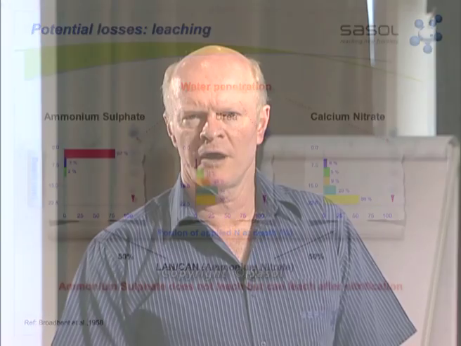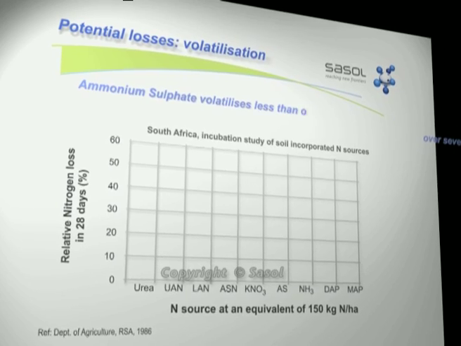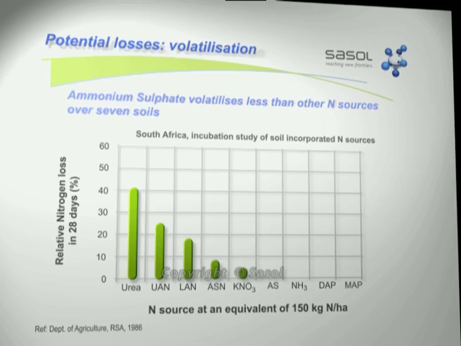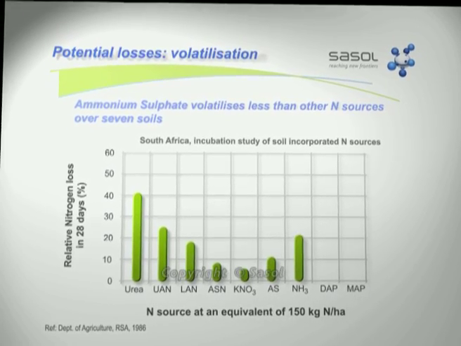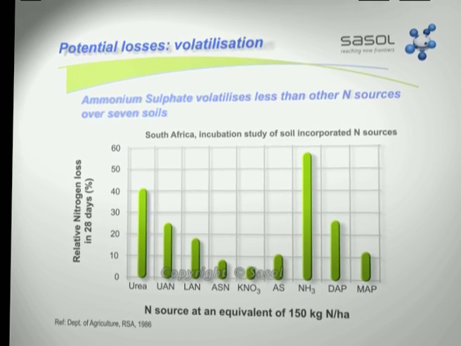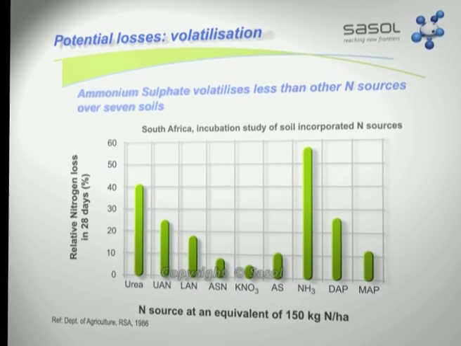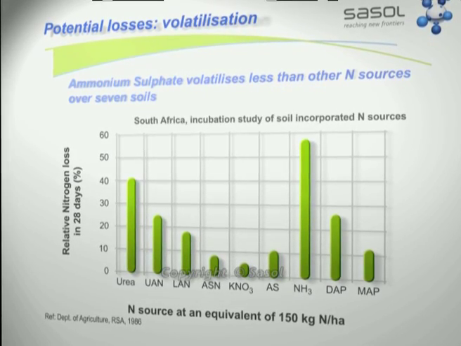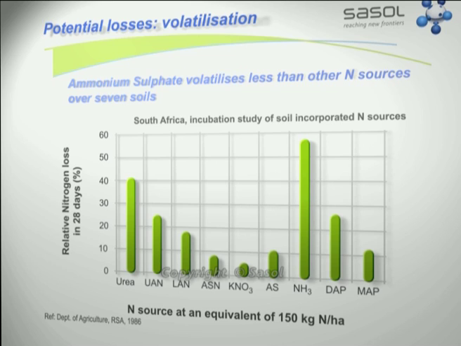In this slide, we have potential losses in terms of volatilization. We have a comparison of several nitrogen sources where the different sources was applied on the soil and then incorporated into the soil, and then water was added to these different soils. In fact, what we're seeing here is an average of 7 different soils.